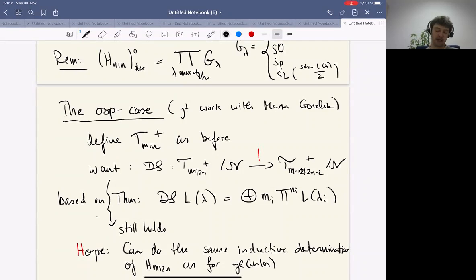And then there are certain things in the OSP case which are not as favorable as in the GLMN case. So I said in the GLMN case that this group HMN is always pro-reductive. There's no super anymore. And that's wrong in this OSP case, because in the OSP case you have these groups OSP 1 to n, and they are semi-simple, they are round.